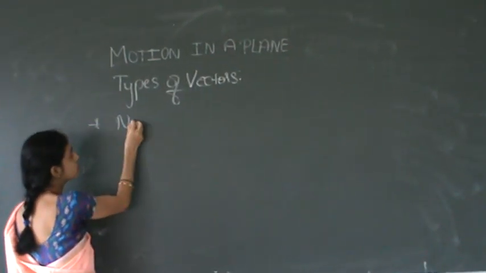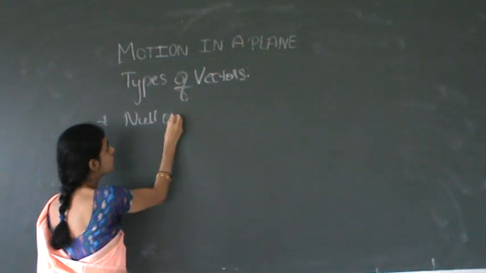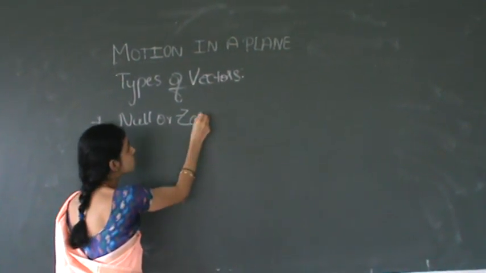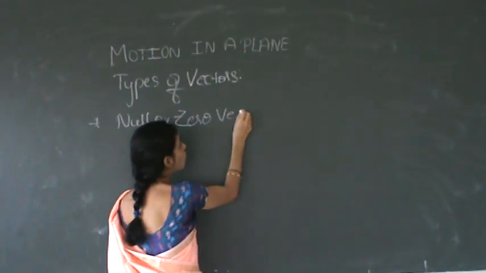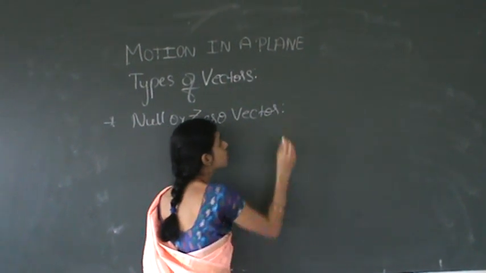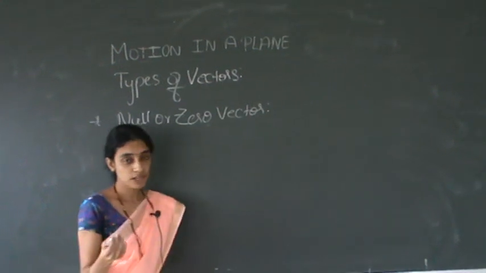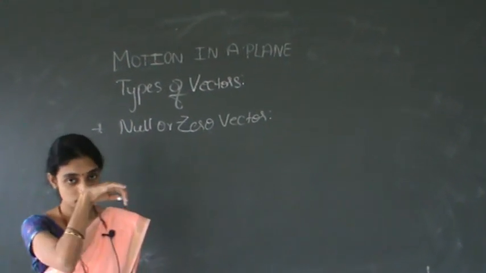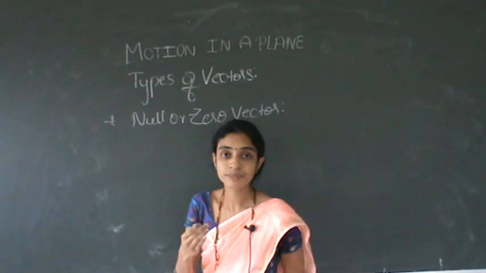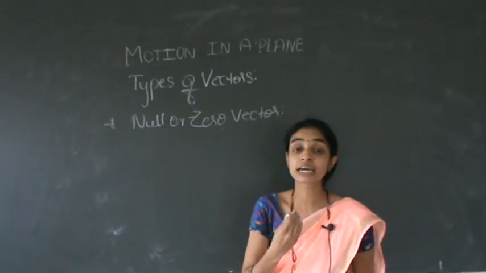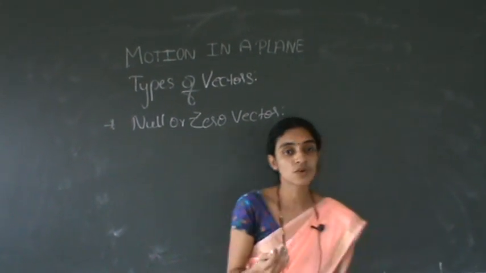The first type: null or zero vector. The given vector is said to be a zero or null vector if the magnitude is zero.